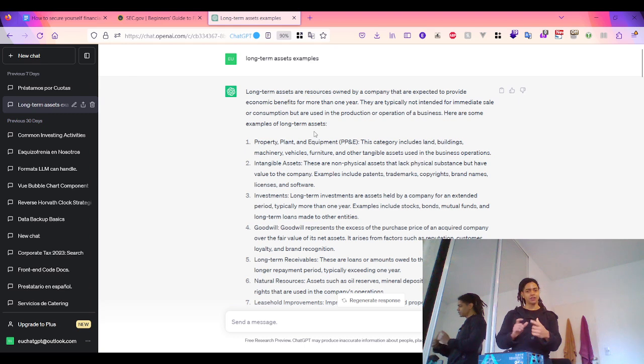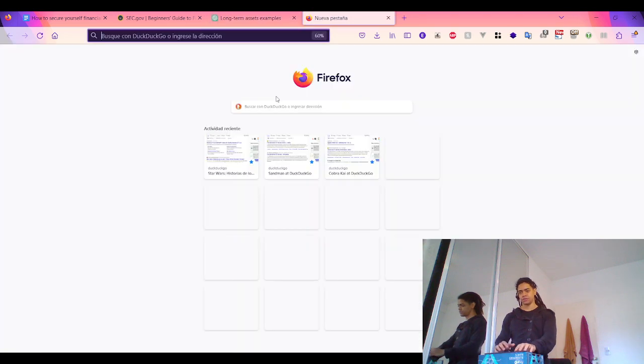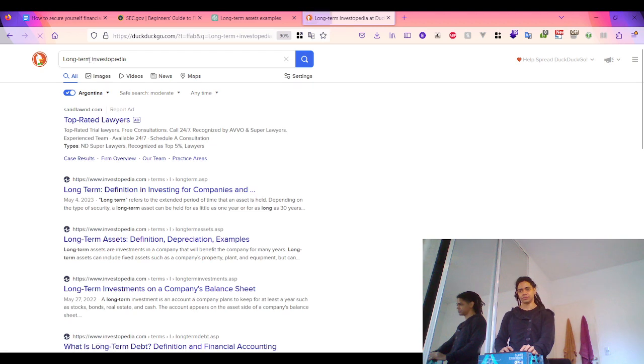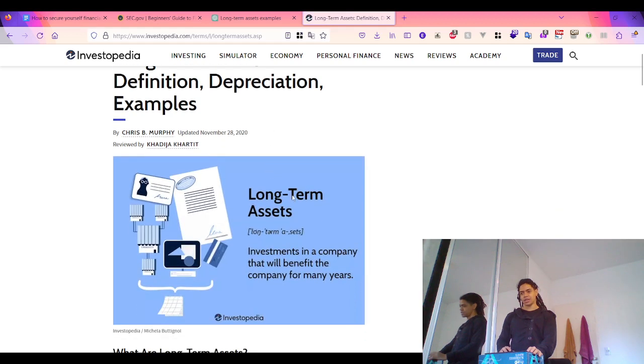But at the end of the day, what matters is to understand the concept of long-term assets. So when I ask Investopedia for the definition of long-term assets, it says: an investment in a company that will benefit the company for many years.